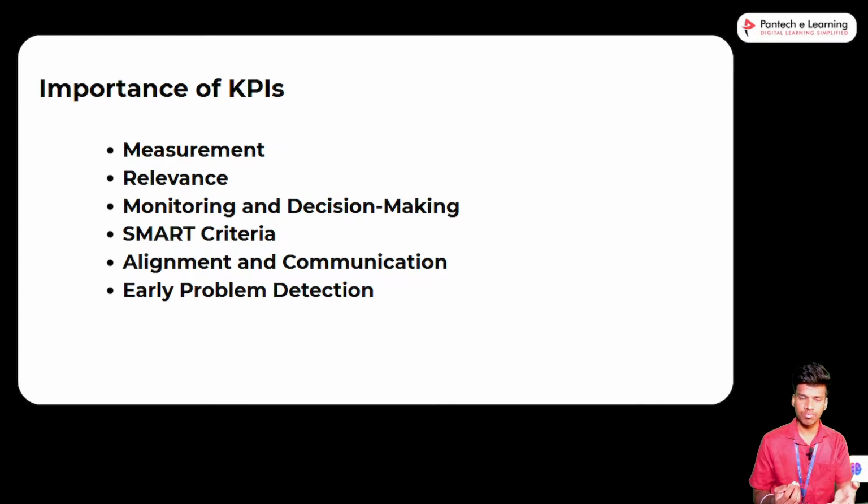We can monitor that, and then decision making: we can check whether the data is okay or not, so we can make the decision. Whether this kind of data is okay with our project or our work.